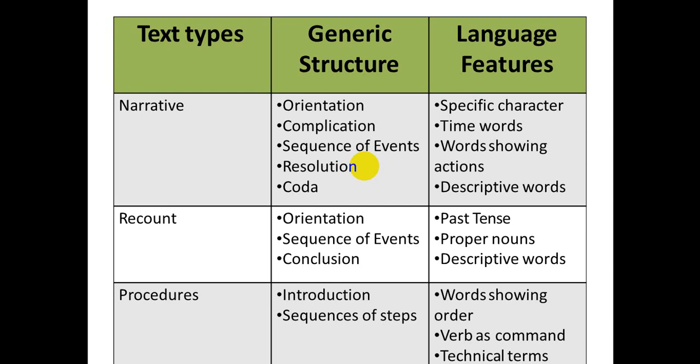It also has generic language features: words showing order one by one, for example first, second, and so on, and verbs as commands, for example, do this first, do this second, do this third. And technical terms: the products can be described with technical terms.